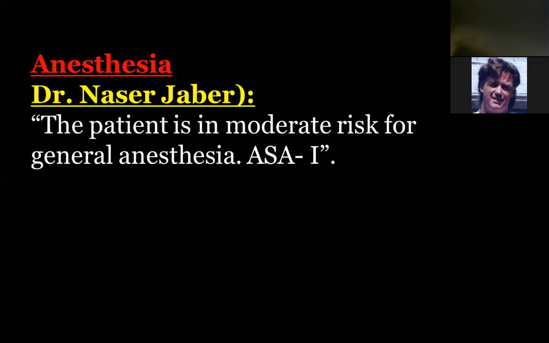Whereas ASA2 is a disease that does not affect daily activity at all. ASA3 has a disease that does interfere with daily activity. ASA4 is diseased and moribund. ASA5 is probably not expected to survive 24 hours. And I mentioned as well, there is an emergency modifier.